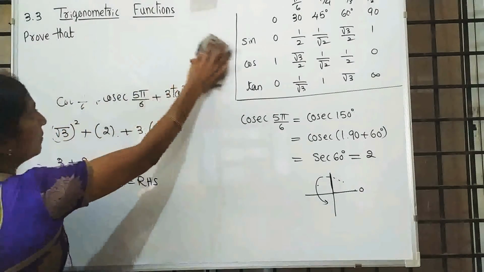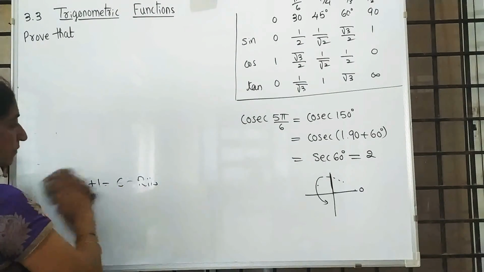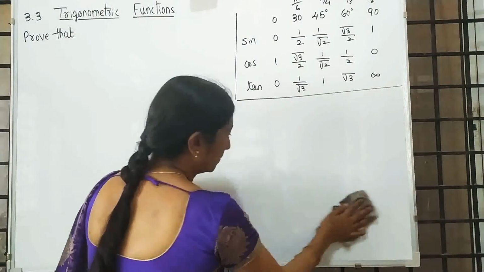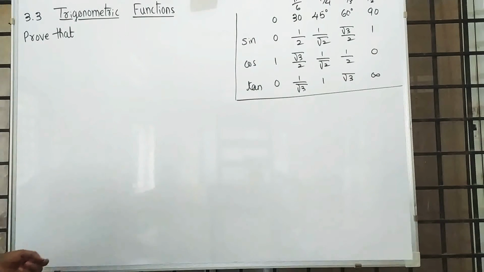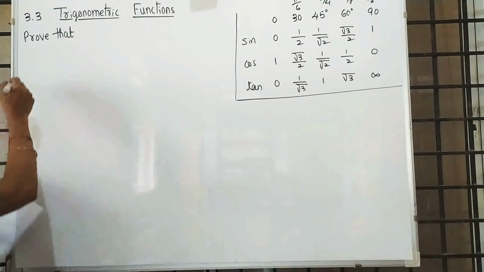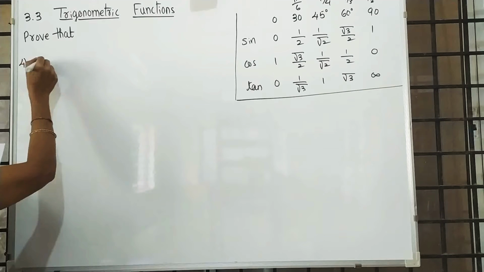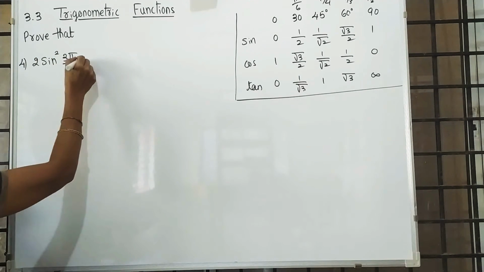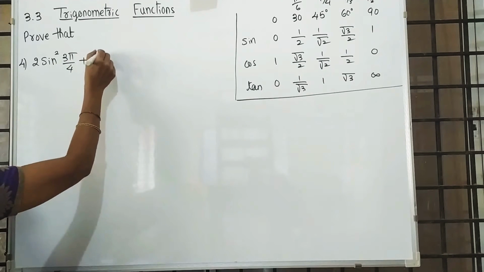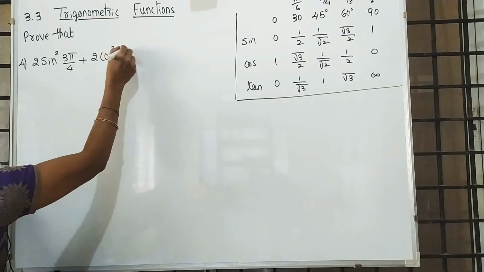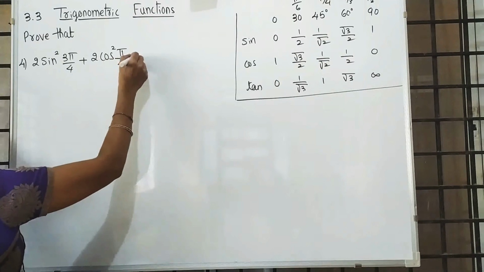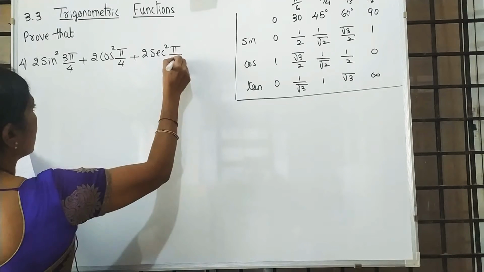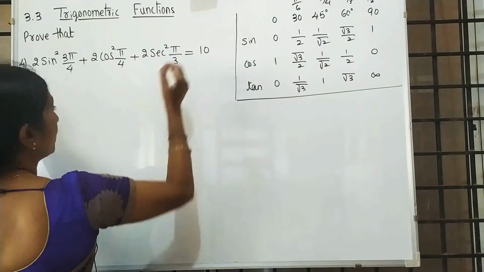In the same category, prove that, fourth question: 2 into sine square 3 pi by 4 plus 2 into cos square pi by 4 plus 2 into secant square pi by 3 is equal to 10.